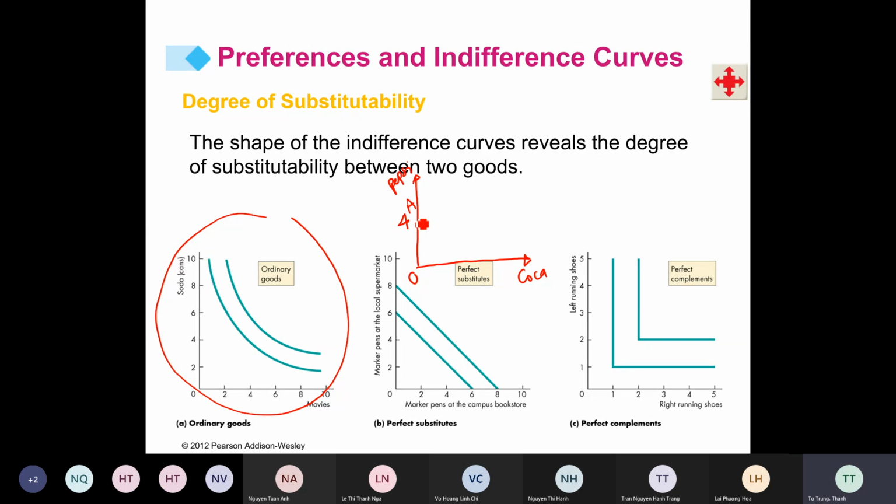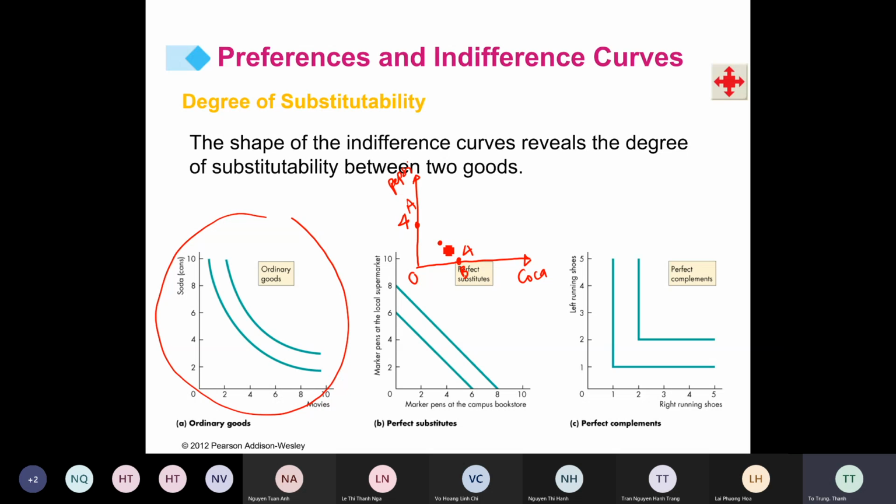So let's say I buy 4 Pepsi, point A, and I have to find other points that give me the same level of satisfaction as point A. Right? So let's say 4 Coca at point B. You can see that at point B, I have the same utility, because 4 Pepsi could be substitutes for Coca.